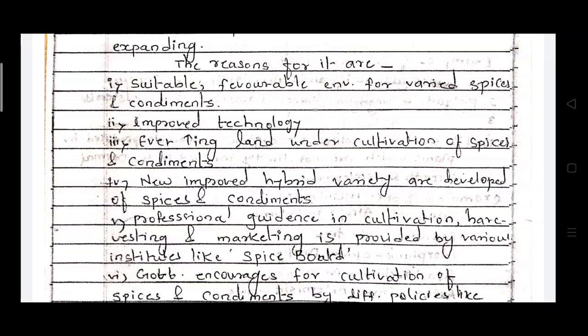These hybrid varieties will be superior and can give high yield. That's why there will be a need to improve or increase the hybrid varieties.